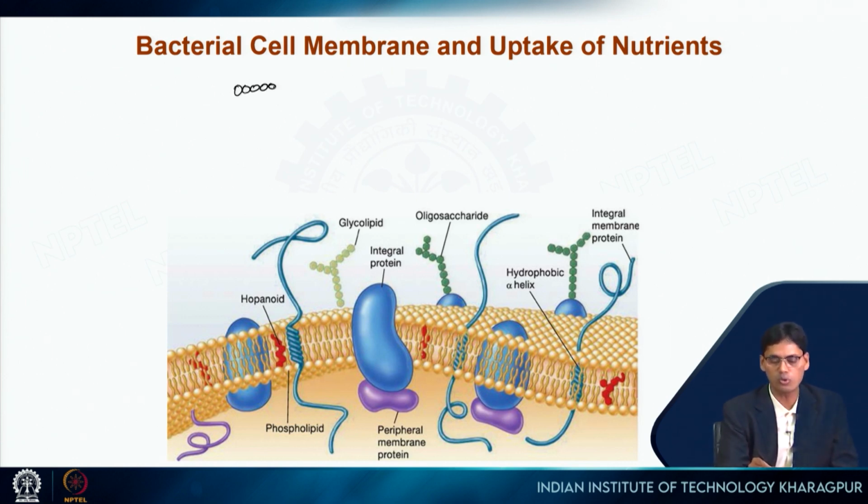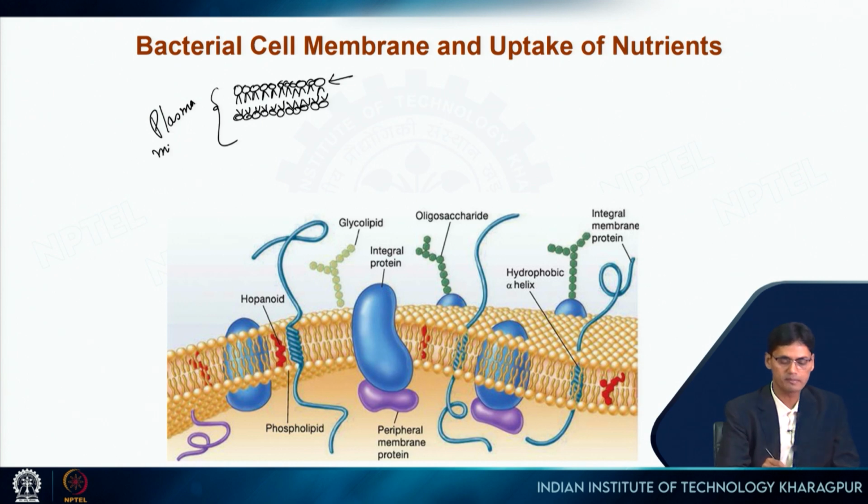The plasma membrane, as you know, is a lipid bilayer, right? This is very similar to the eukaryotic plasma membrane. They are the same, with some minor differences, which I will mention also. As you can see, this is the lipid bilayer, this is the plasma membrane, here is the hydrophilic phosphate group, and this is the hydrophobic tail.